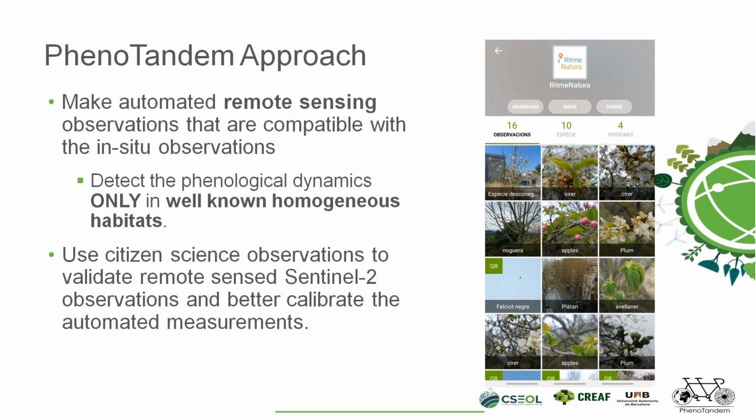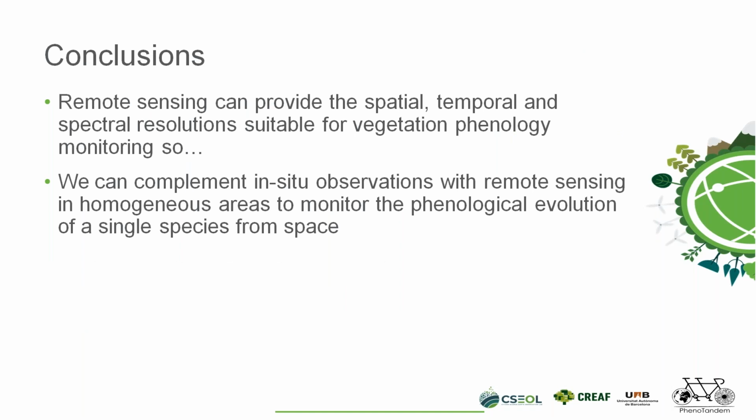So that is possible, and we are using citizen science observations to validate that what we are seeing with remote sensing is correlated with what a citizen scientist on the ground is able to see. So in conclusion, remote sensing can provide the spatial, temporal, and spectral resolution suitable for vegetation phenology monitoring. And we can complement the in situ observations with remote sensing in homogeneous areas to monitor the phenological evolution of a single species from space.